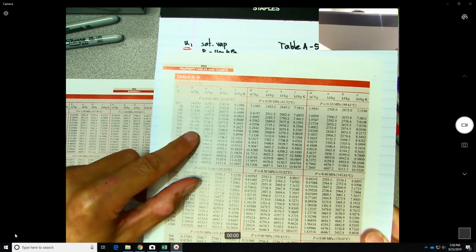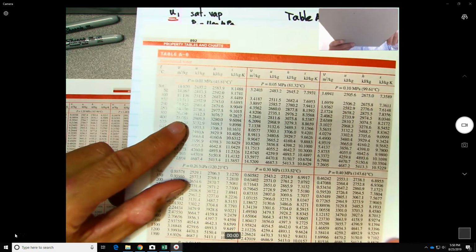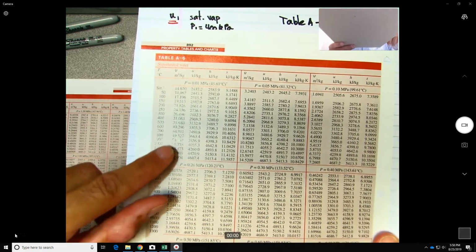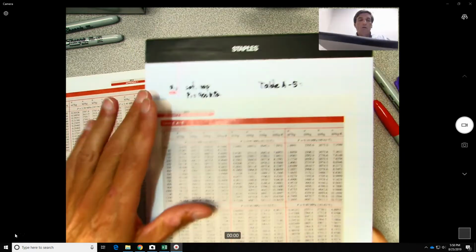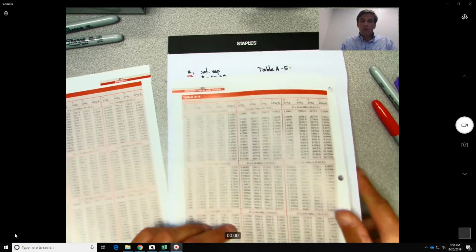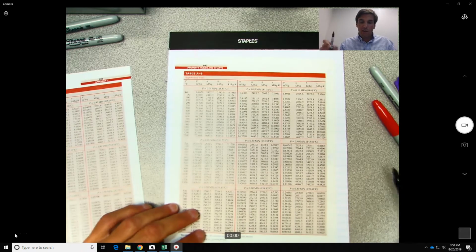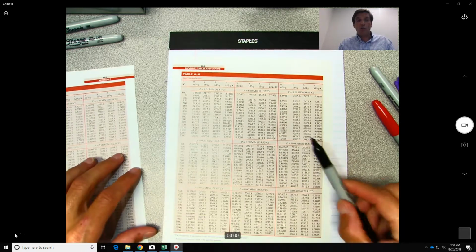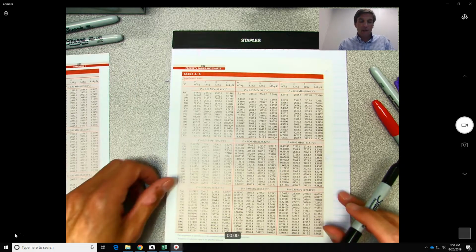And you start looking, here is 31. Okay, so we start going down. So we'll try to find something that will be close to 0.46242. So go to the book and please get table A6, which is page 892, and do this with me.